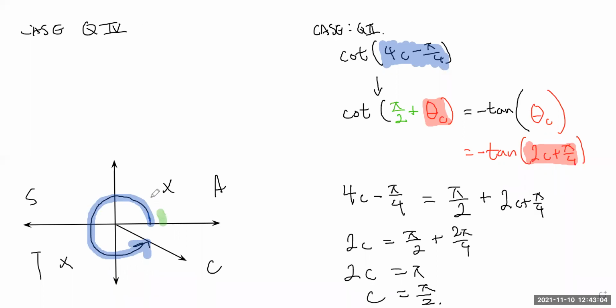It's actually going to be 3 pi over 2 plus a little extra. So my blue angle of 4c minus pi over 4 is going to equal 3 pi over 2 plus my correlated angle. So we've got the cotangent of 4c minus pi over 4 in blue.